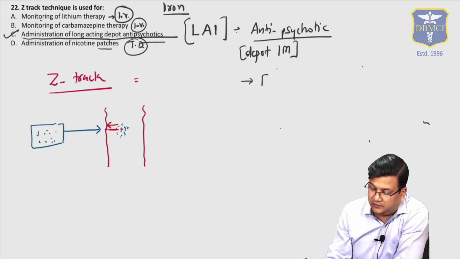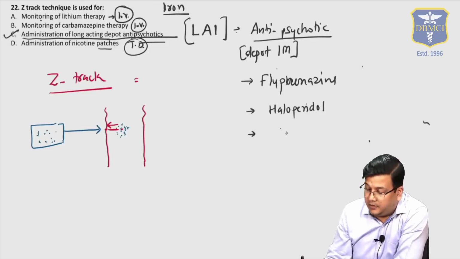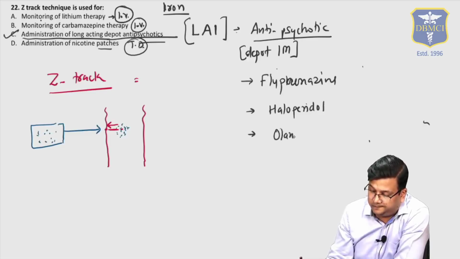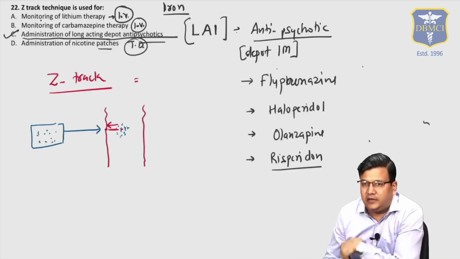First was fluphenazine. Then we developed it for haloperidol. Then for the newer atypical ones like olanzapine, risperidone, even paliperidone, aripiprazole, many others are available.